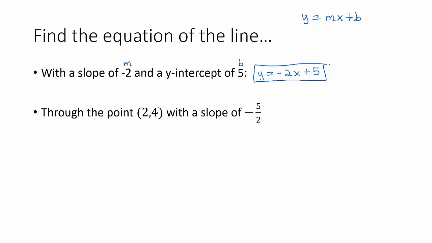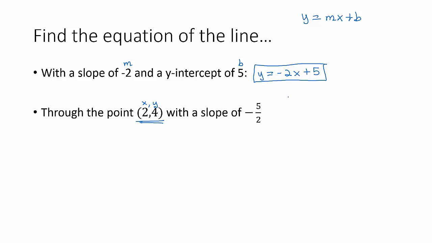Now, it might take a little bit more work, but we can actually find the y-intercept using this same format. Here we have a point 2, 4. This is not the y-intercept because it's off to the right 2 units. And the slope is -5/2. But what 2, 4 does give us is an x and a y that we can plug into our formula.